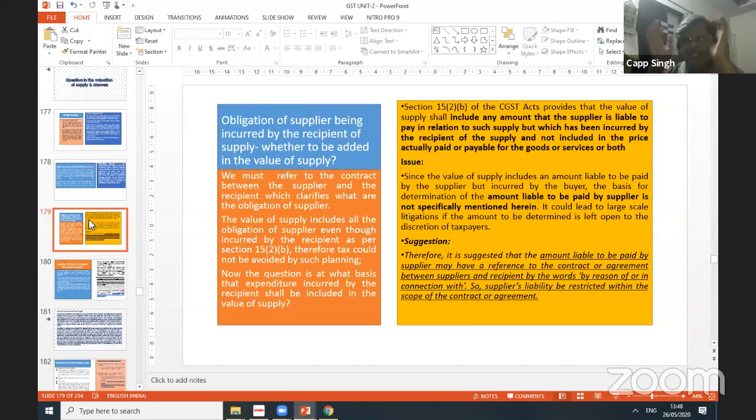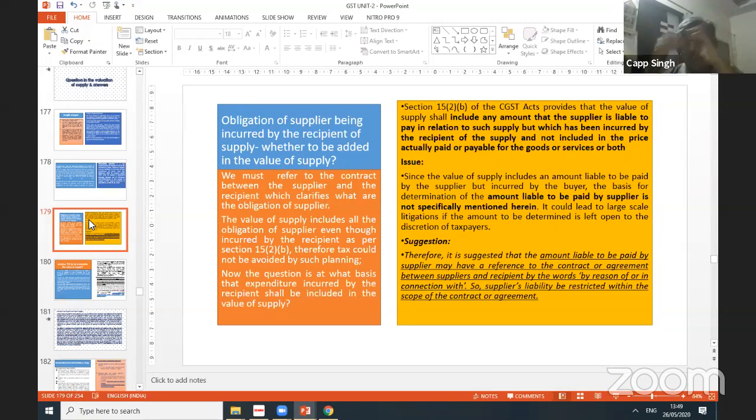So if the obligation of the recipient is being met by the supplier as a pure agent, then there is no question of any GST.